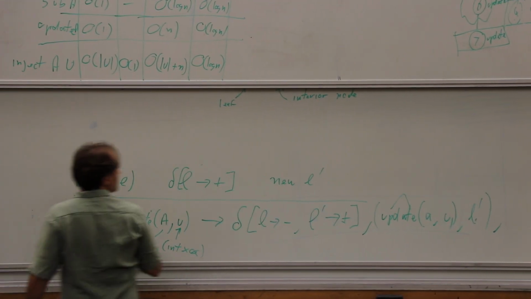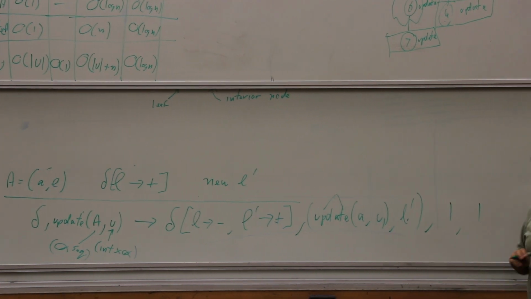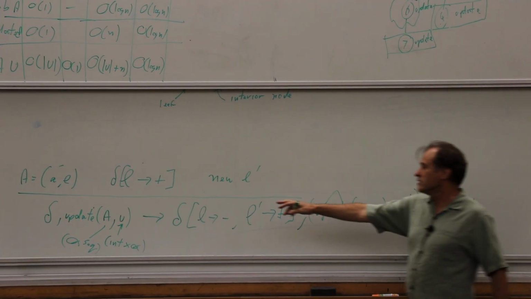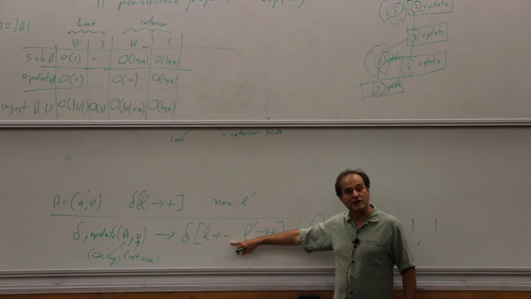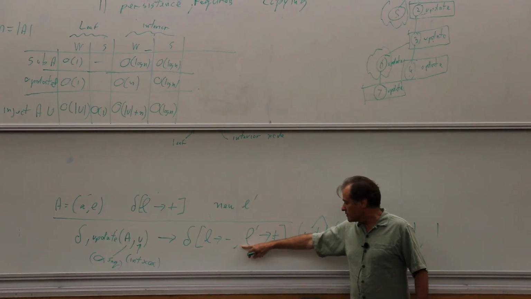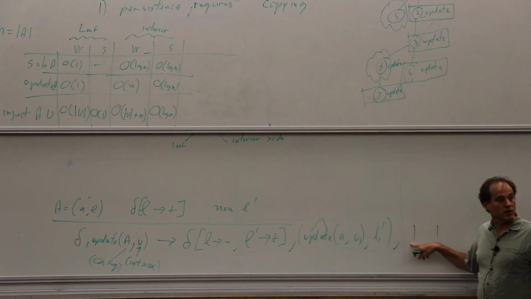So the work is going to be order 1. So let's just write down 1 here, and the span is 1. If this was a minus, then I wouldn't have to do this because it's already a minus. Okay, this I would still do, but this cost would be order n instead of order 1.